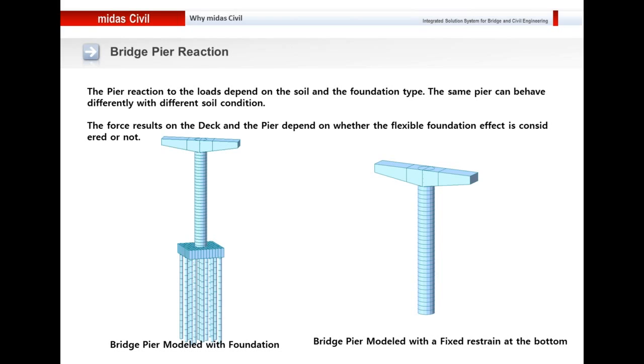The same is the case with the pier. If you model the pier supports, the results can be different from the case when you do not model the pier supports. Generally what we do is we just apply a fixed support at the base of the pier and perform the analysis to obtain the design results in the superstructure, at the pier cap and the pier itself, and this way we design the structure.